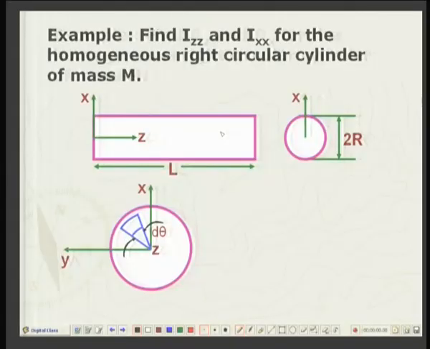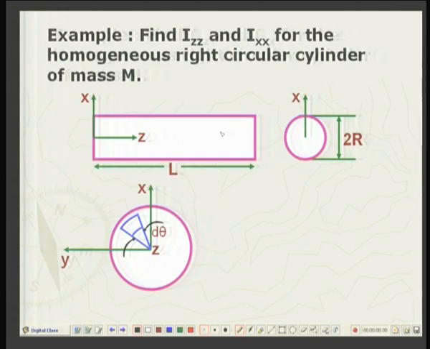So, this is a simple one dimensional case, but here the density was variable density. Let us take up another example. Here we are asked to find out Izz and Ixx for a right circular cylinder of mass m.